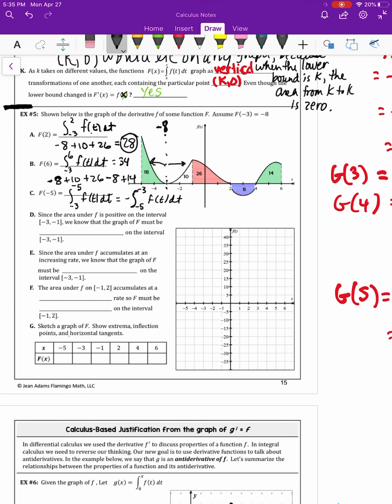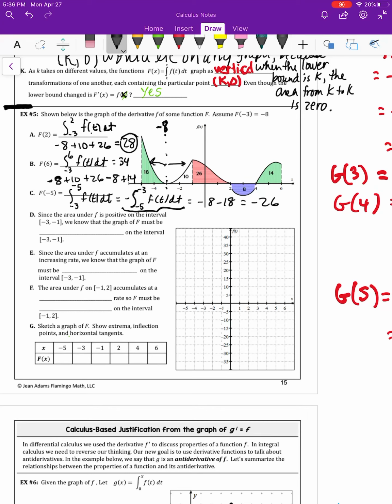When you go from negative 3 to negative 5, you're subtracting. So this is like negative 8 minus 18. So this one ends up giving you negative 26. I don't know if this would have made sense.